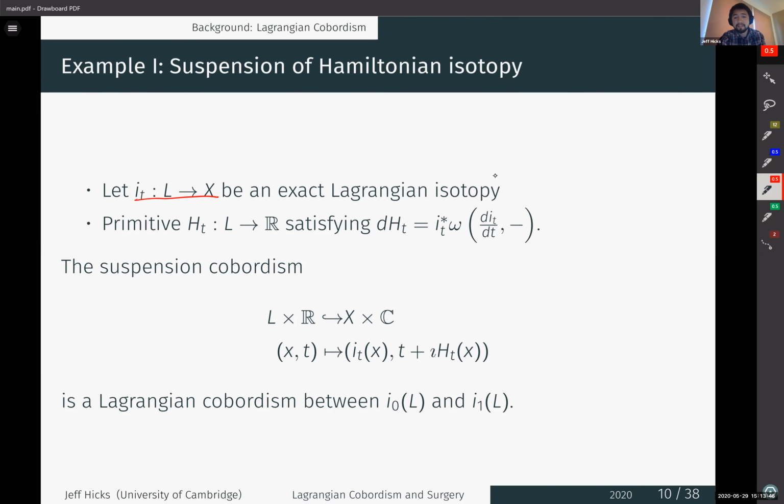I mean that if you take the flow of this isotopy, pair it against the symplectic form, and pull it back to your Lagrangian, that's an exact form. And in fact, I want to give it a primitive, which I'll call H_t, which I'll frequently refer to as the generating Hamiltonian for the isotopy.